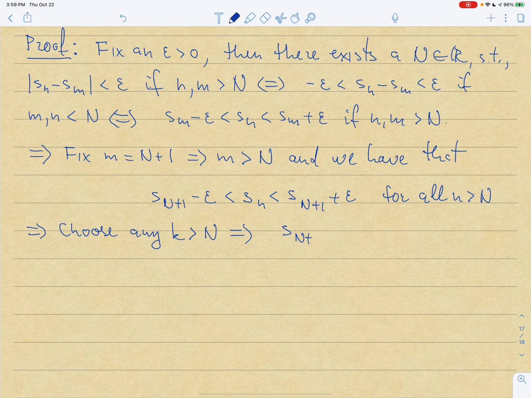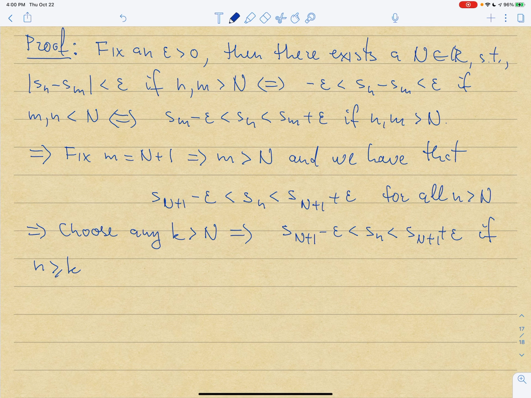So I chose k bigger than capital N. So if I now take n bigger or equal than k, then n is bigger or equal than k, which is bigger than capital N, and so the statement that I have over here still applies, right? Because at the end of the day, n is bigger than k.